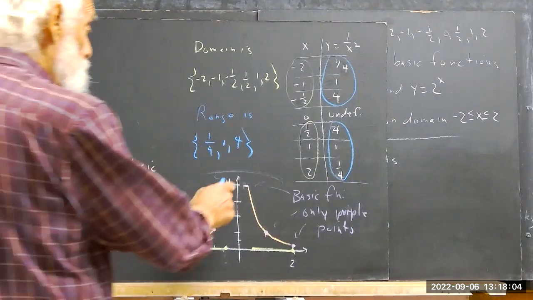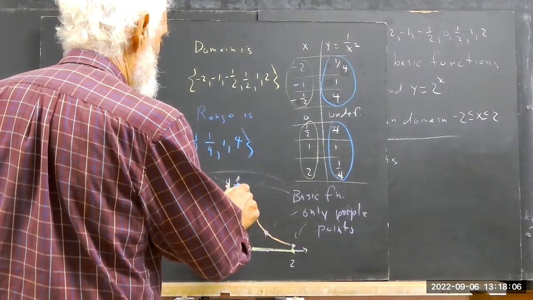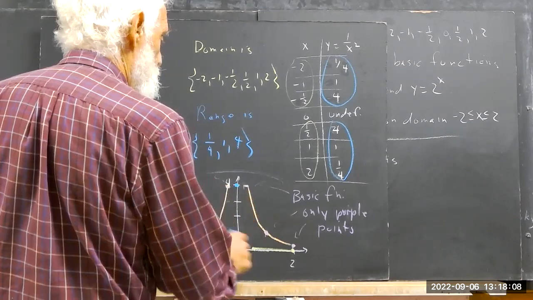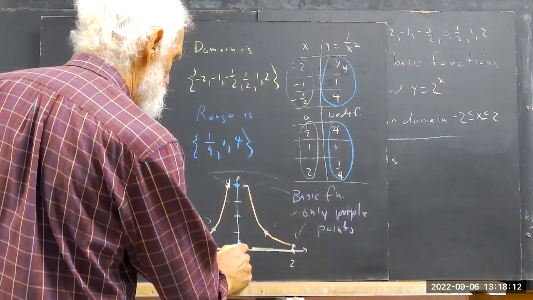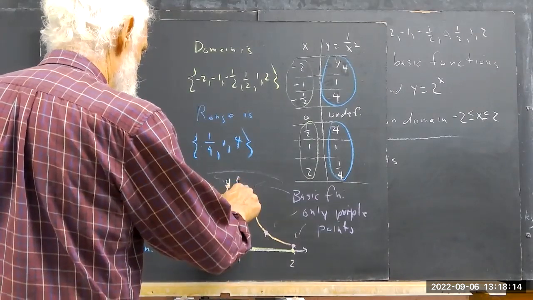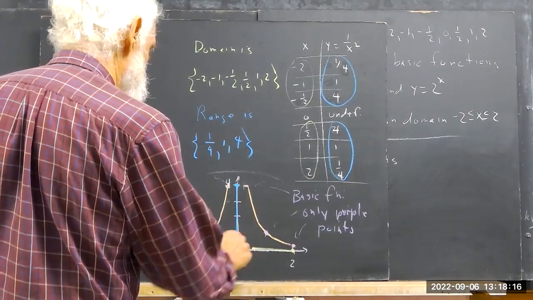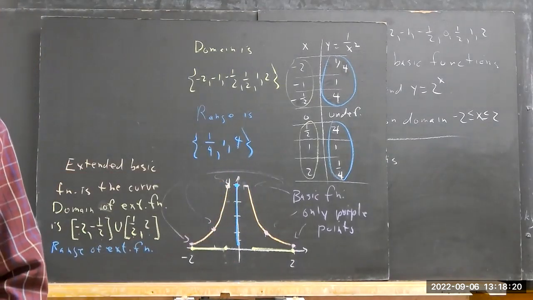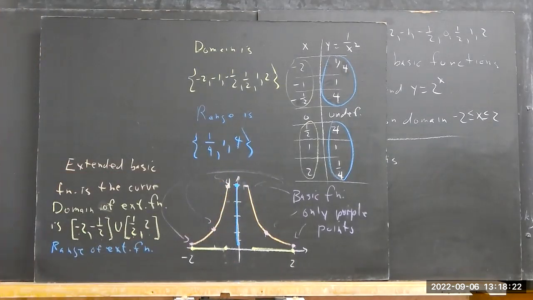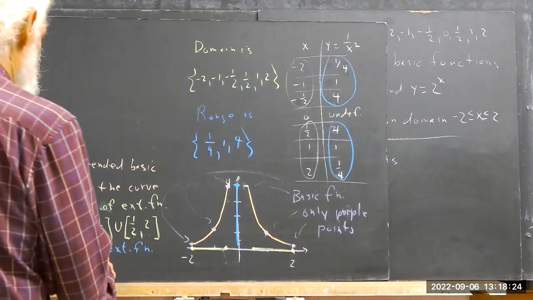Okay, well, the highest point is going to be 4, and the lowest point is going to be 1/4. And there's a y value for every x value between 1/4 and 4. So we can say that the range is the interval.